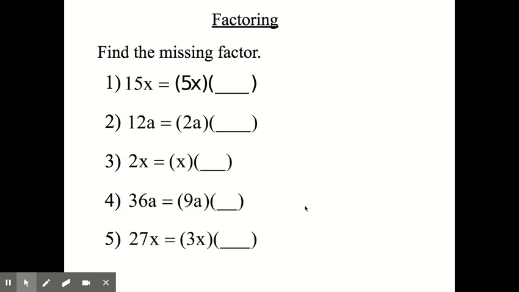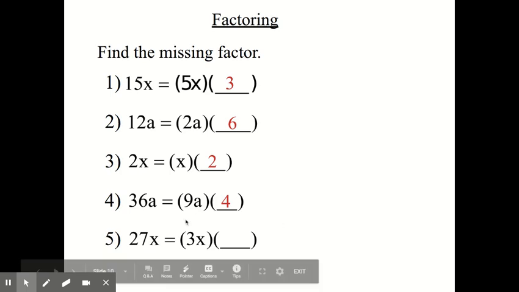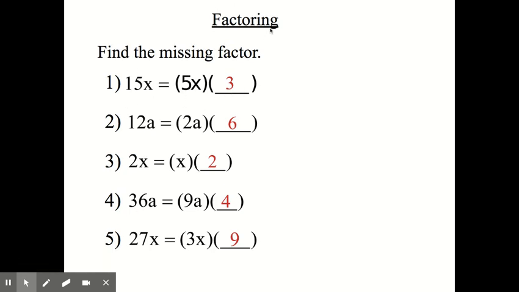Well, 15x is the same as 5x times 3. 12a is the same as 2a times 6. 2x is the same as x times 2. 36a is the same as 9a times 4. And then finally, 27x is the same as 3x times 9. These over here are equal to their counterparts on the other side, but they're just broken up, or as we would say, factored.